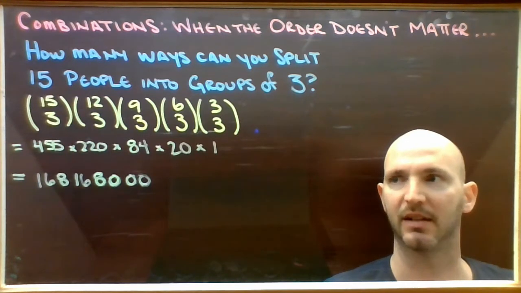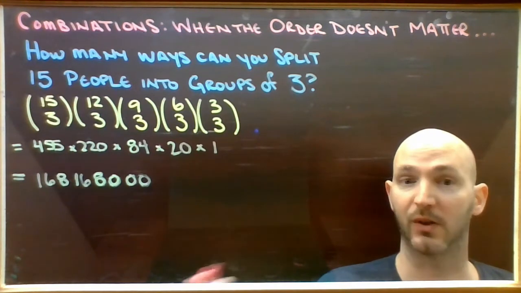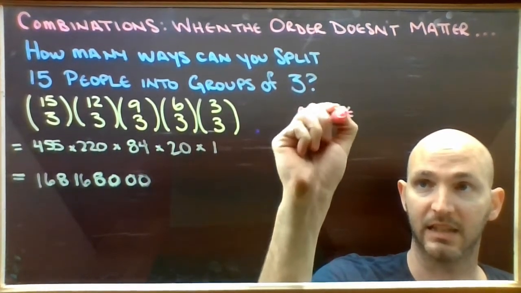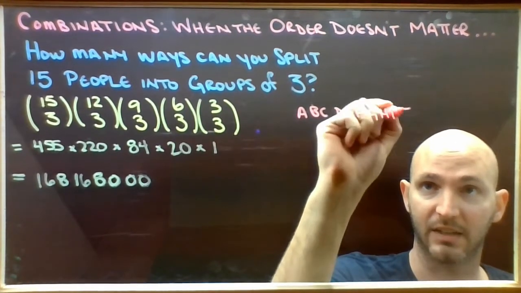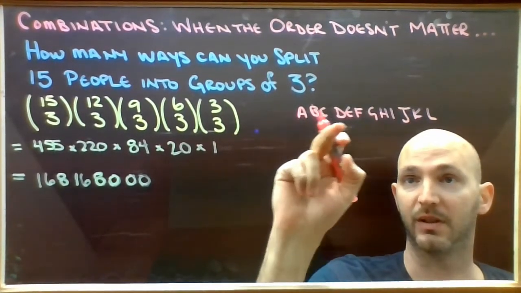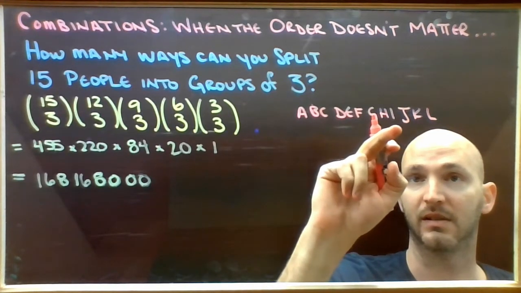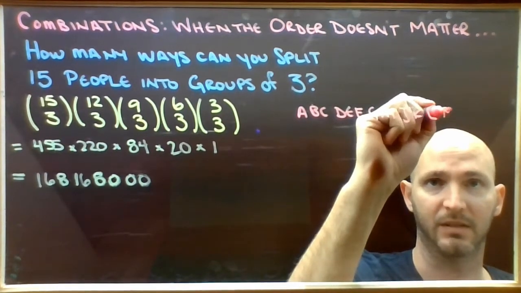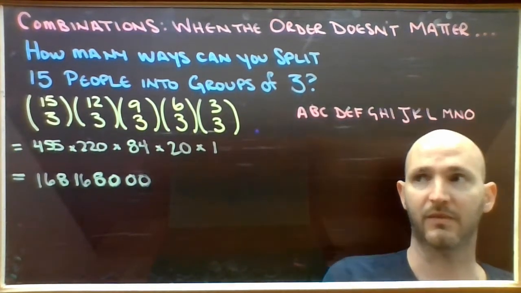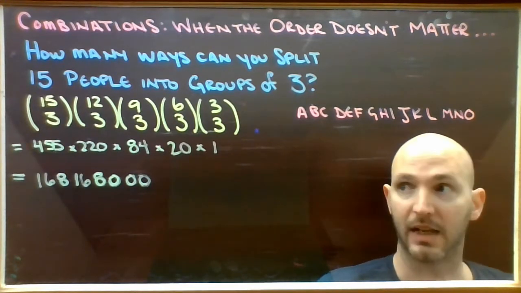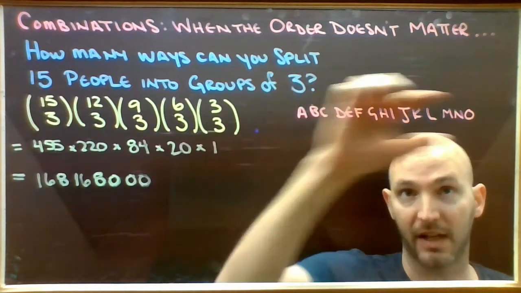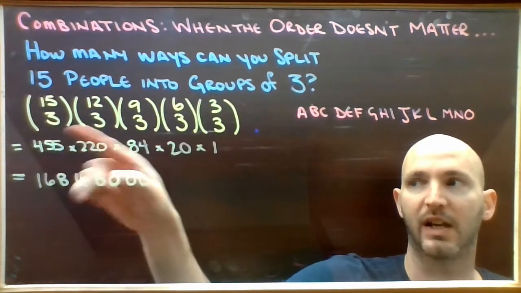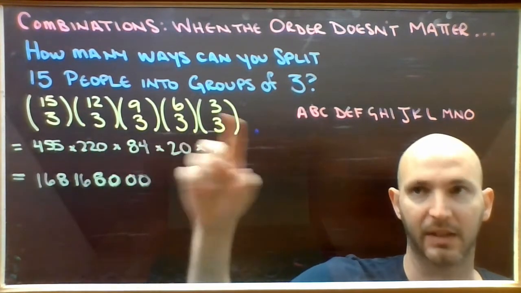So to try and demonstrate that to you, I'm going to take the first 15 letters in the alphabet, A, B, C, D, E, F, G, H, I, J, K, L, M, N, O. Now, the way I just counted these was I took my 15 people and I chose 3. And then once I chose 3, I chose another 3, and then I chose another 3, and then another 3.